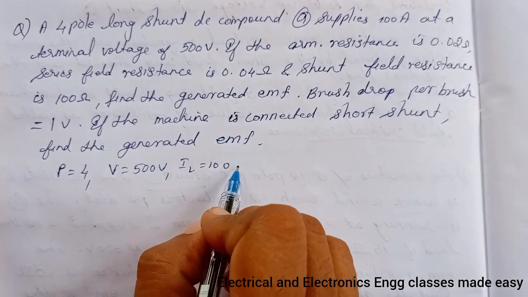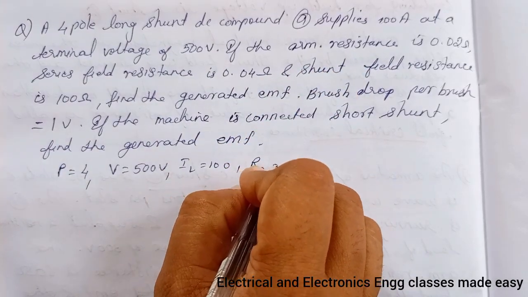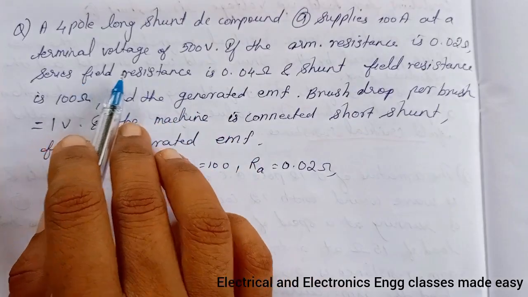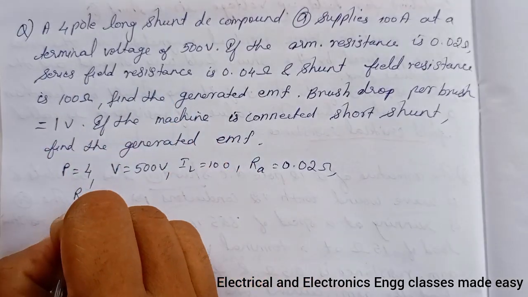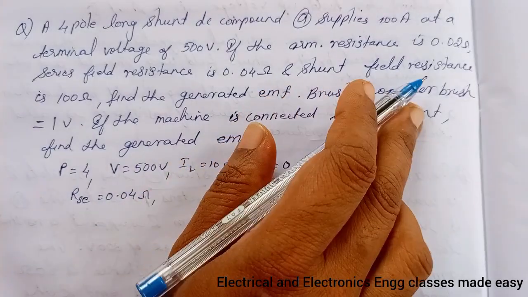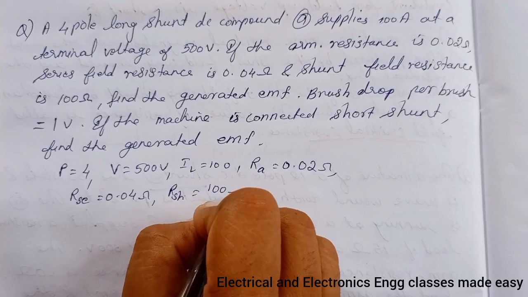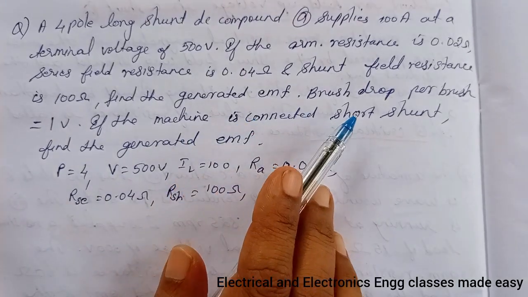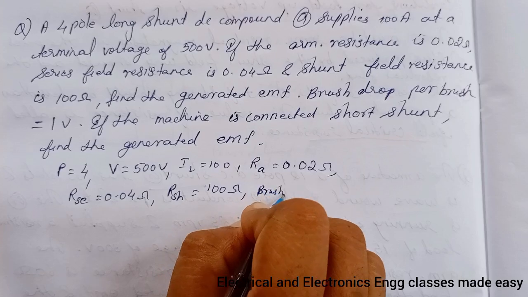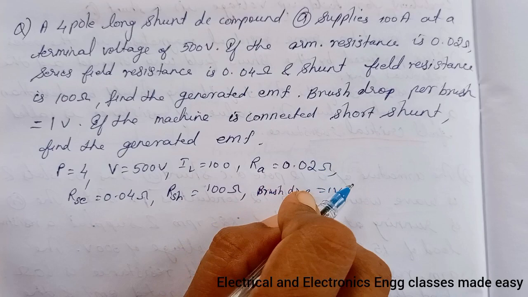Then armature resistance RA is equal to 0.02 ohm, series field resistance RSE is equal to 0.04 ohm and shunt field resistance RSH is equal to 100 ohm. Then brush drop is given as 1 volt per brush.